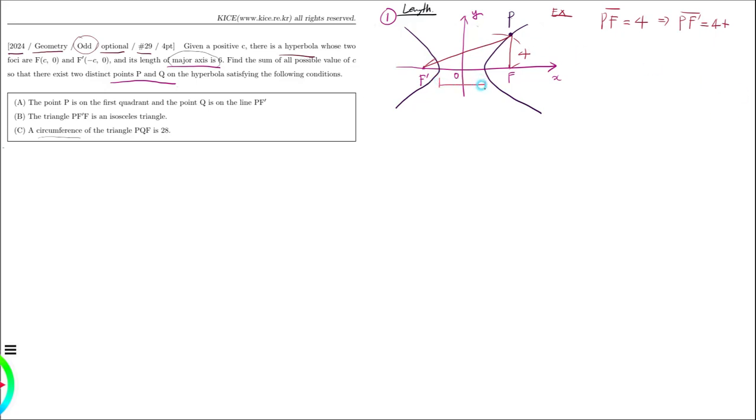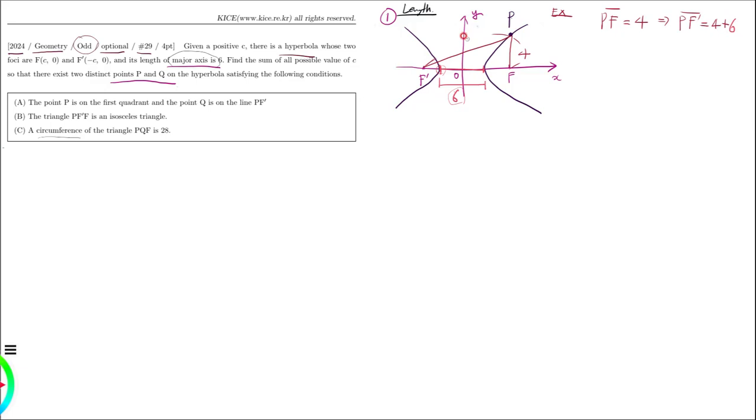The major axis is the line segment on the x-axis between the two x-intercepts. This is the major axis, whose length is 6.